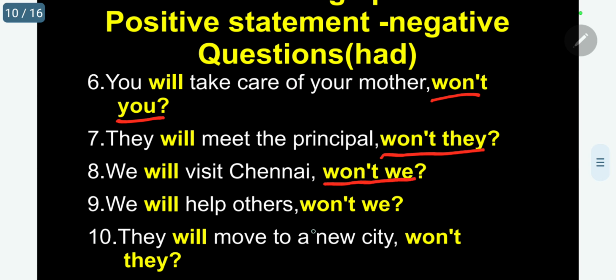We will help others. Won't we? They will move to a new city. Won't they? Please follow. In all the cases, the statement is positive, containing a secondary auxiliary verb, and the tag question is negative. So I am using will.